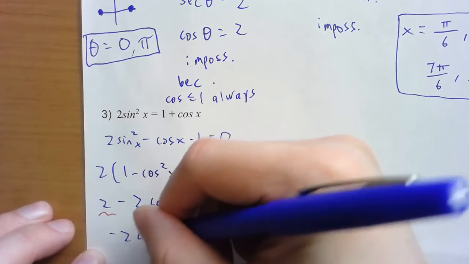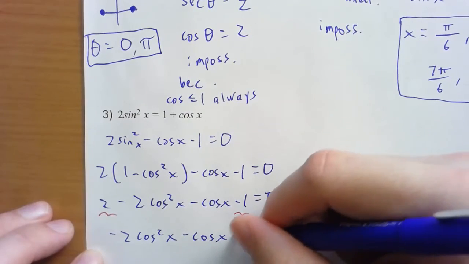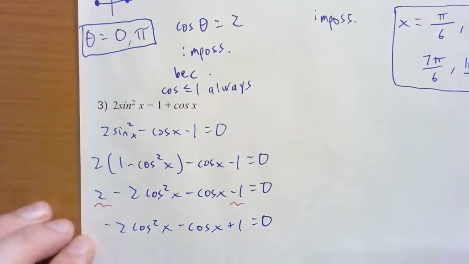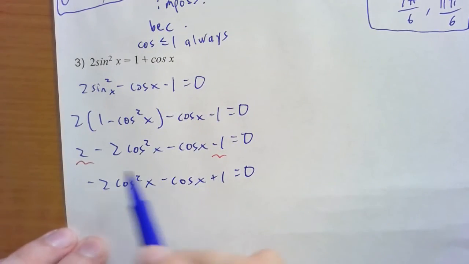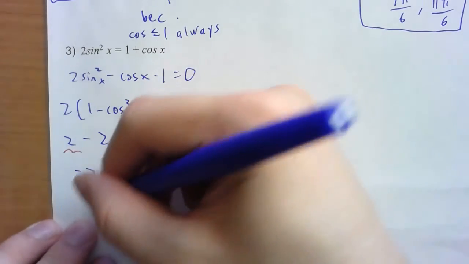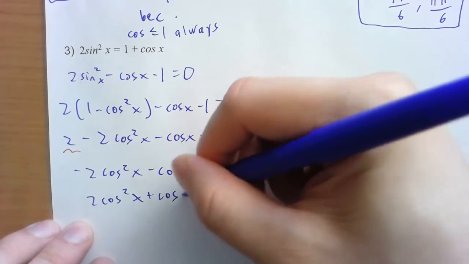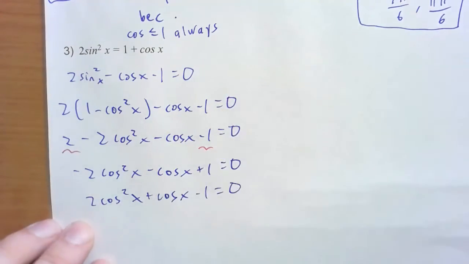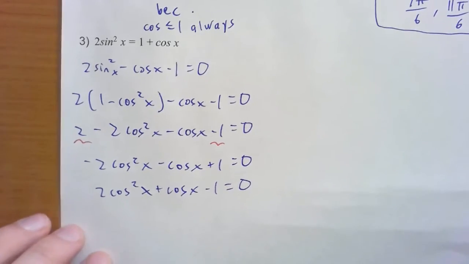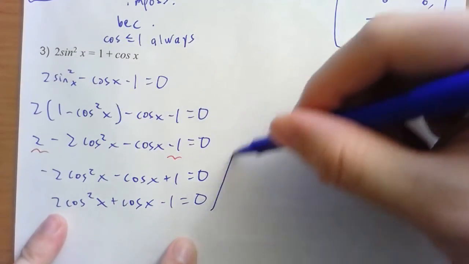So negative 2 cosine squared x minus cosine x plus 1 is 0. Personally, I don't like my squared term to be negative, so I would divide over by negative 1. Make that 2 cosine squared x plus cosine x minus 1 equals 0. I just personally think that makes it easier to factor. And if you want, you could factor that right now.